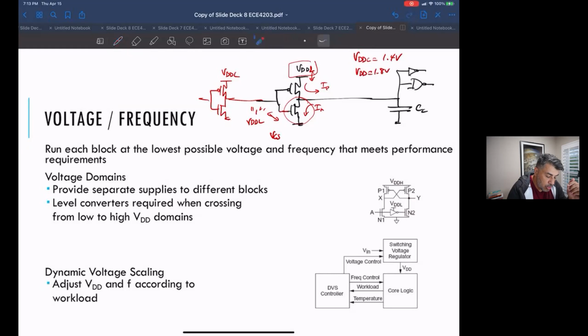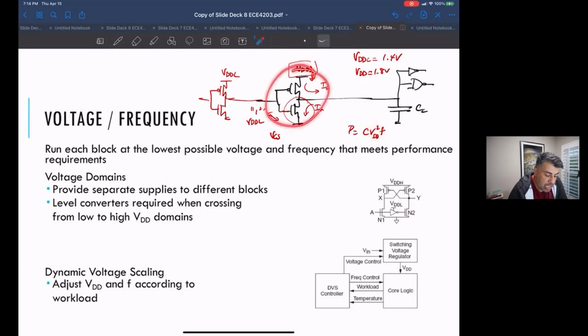So this VGS ends up being 1.4 volts instead of 1.8 volts for this device. And this current, at least part of the time when it's in saturation, is square law dependent on this VGS, meaning that you're dropping this current and slowing down the circuit, but you're reducing your power consumption because power is CV squared F, and you're reducing the supply.